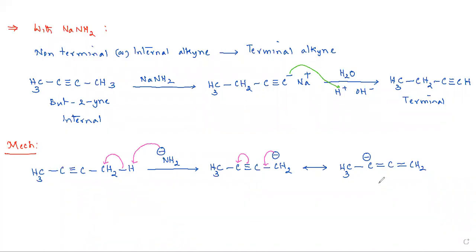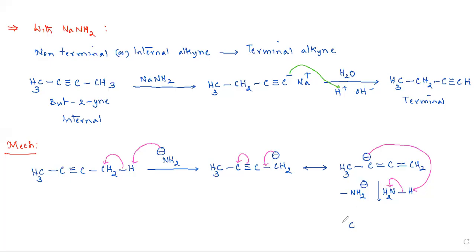Now here, let me consider ammonia. We have sodium in liquid ammonia, right? This minus takes away H plus, and this again becomes NH2 minus. Let us write it minus NH2 minus.